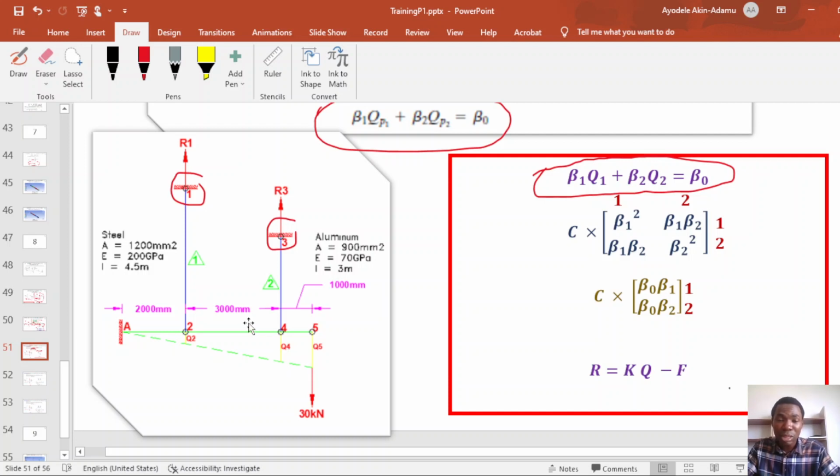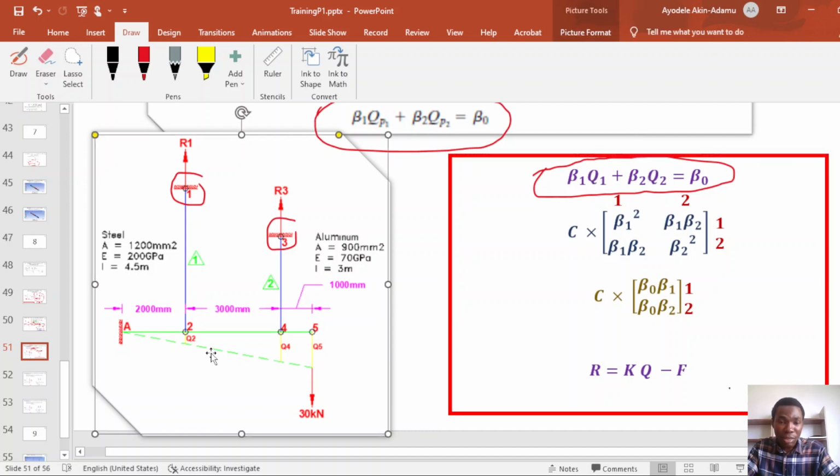The boundary condition without load applied is the Q1, while the boundary condition with load applied is the Q2.